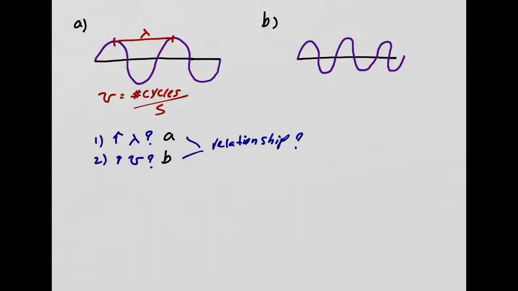This is great because I feel like you already know our first equation. c is equal to lambda times frequency. Lambda and frequency are inversely proportional. What is c? c is the speed of light.